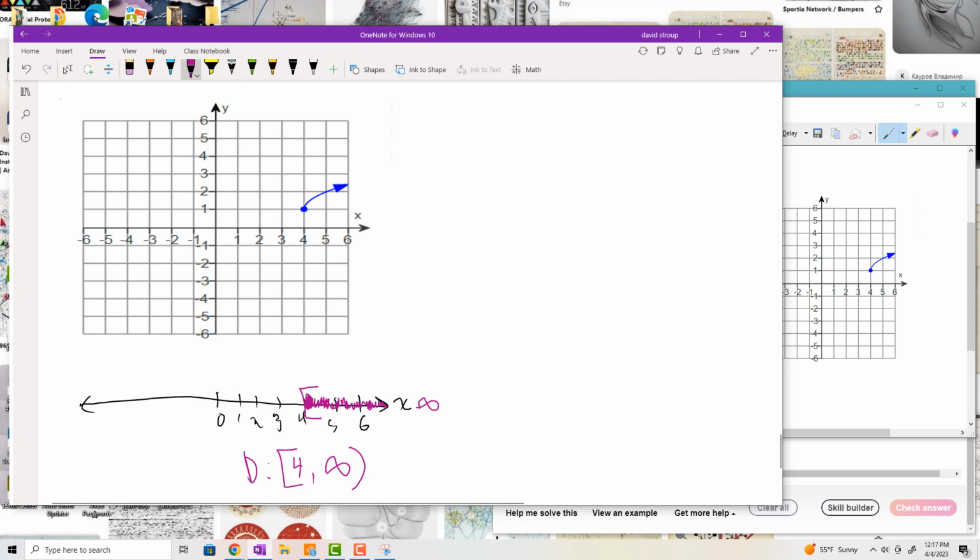Okay. Then for the y-axis, or for the range, again, we want to put in some tick marks. 0, 1, 2, 3, 4, 5. This is -1, -2, -3, -4. Again, I'm thinking of the shadow of this.